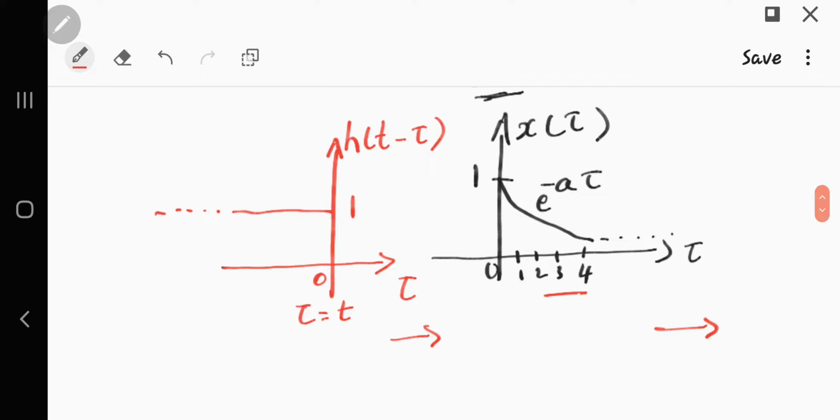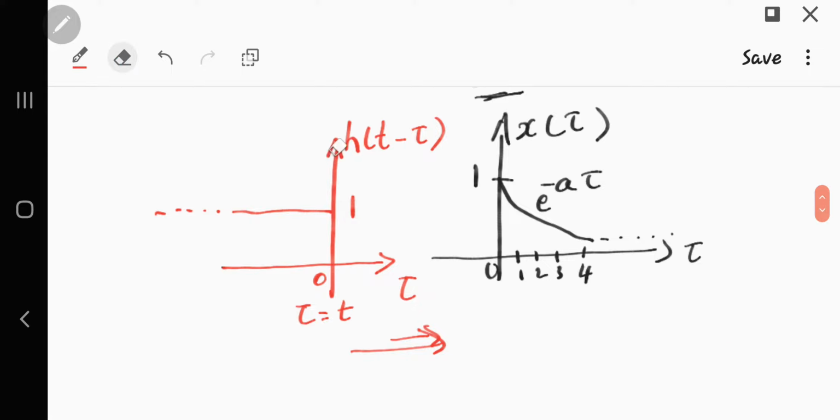So this will take certain cases. First case, second case, third case, like that. Let's see how many cases we are going to get in this one. As I explained, this h of t minus tau will be moving from left to right, and wherever it overlaps on x of tau, I will take that particular region and perform integration to get the value of y of t.